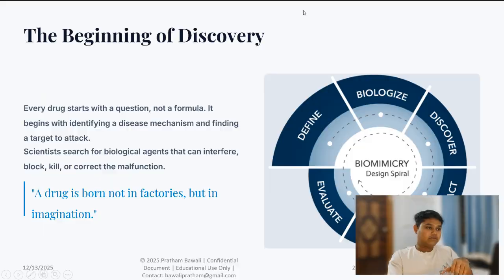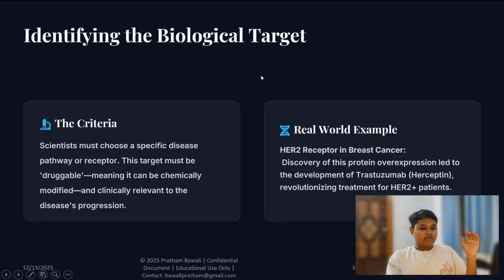Then the second thing we are doing is identifying the biological targets. What are the biological targets? Here, we will see the criteria. The criteria for identifying the biological target is that scientists must choose a specific disease pathway or receptors which are already built into a patient, and these targets must be druggable.